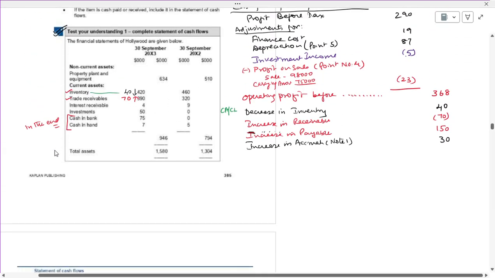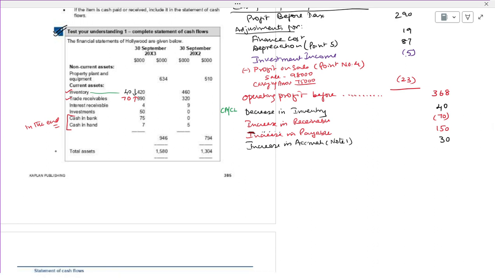Now put the things here. Total. How much will you get in total? 368 plus 40 minus 70 plus 150 plus 30: 518.